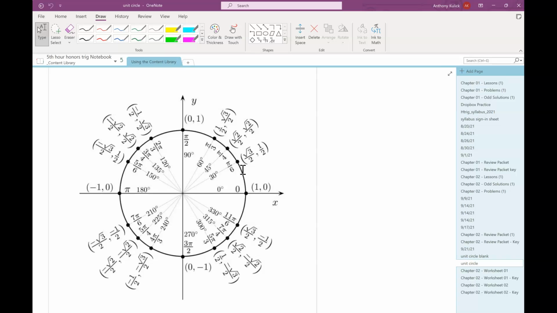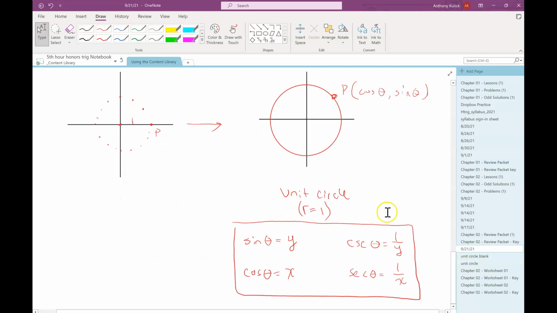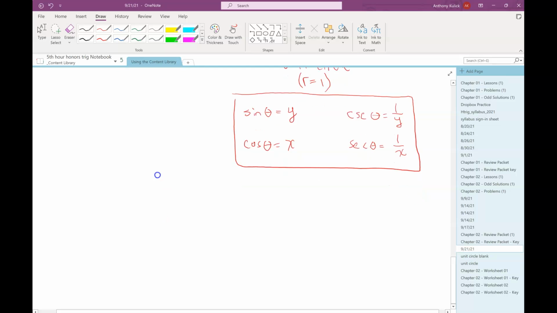Instead of having to do the work that we just did by drawing our standard position angle, figuring out the reference angles, drawing in that special 30, 60, 90, or 45, 45, 90 triangle, we don't have to do any of that stuff. We can just look up the values off the unit circle. So let's do a couple of examples where we do that, just for you guys to see some practice.